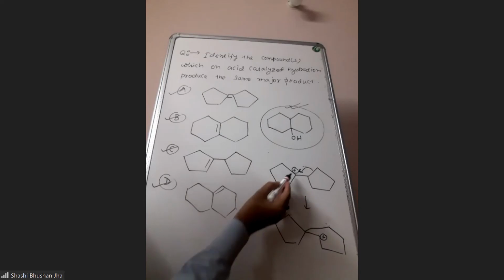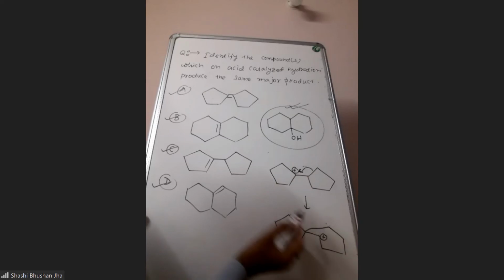Sir, but then we won't be able to do ring expansion in any other case, except when it is primary. Whenever this is the case, it should not happen actually. This is logically wrong. This is tertiary, and if you expand this ring, it is becoming secondary. Then this step is not correct.